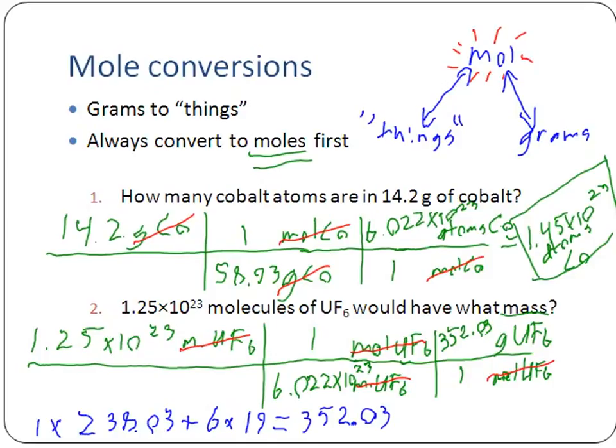Since we had 3 significant figures to start, we're going to have 3 significant figures for our answer, and so that means we'll have 73.1 grams of UF6, and that's going to be our final answer. And so that's how you go about converting from molecules to grams, or in general from any type of thing to a gram.